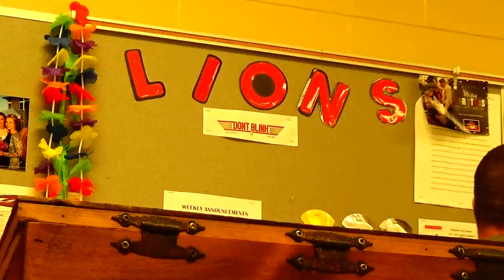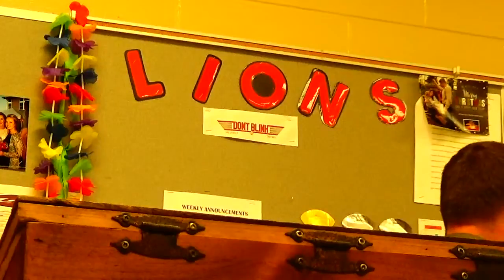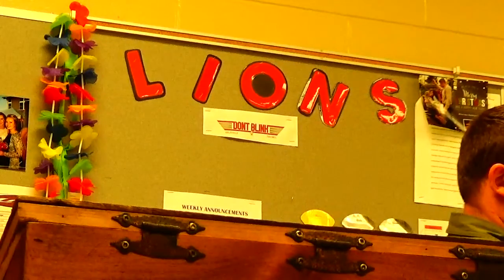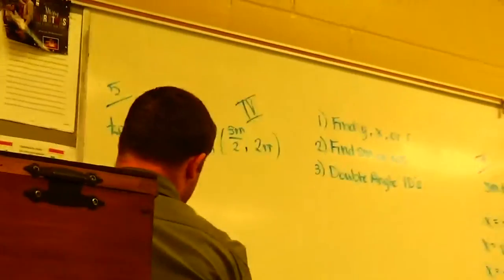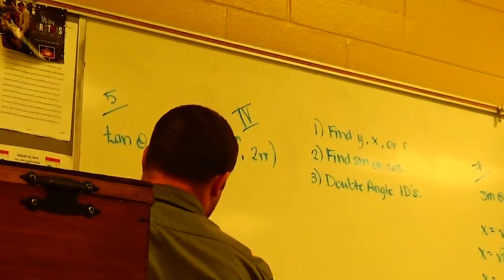For the sine, it's negative 1 over square root of 5. But we have a radical in the denominator, so we've got to rationalize this. So we have negative square root of 5 over 5.